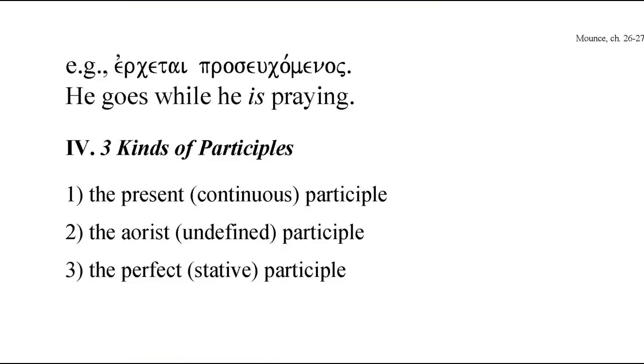Now notice this one, same verb. Okay, so instead of he went, this is the present tense, he goes, and then we have the same participle, praying. And so because goes is in present time, look at how we translate the participle here.